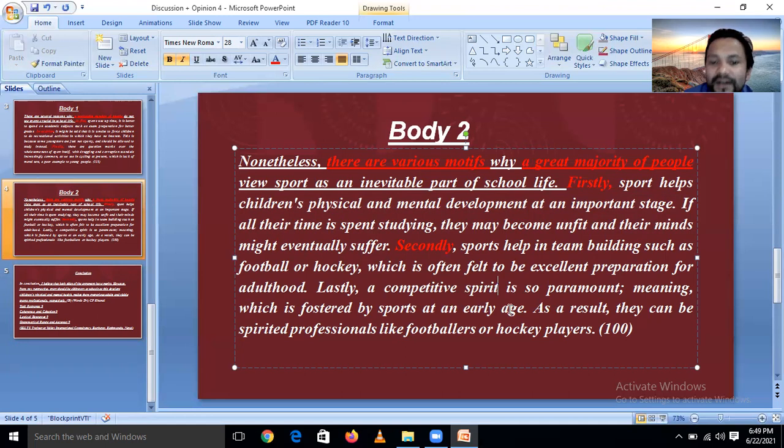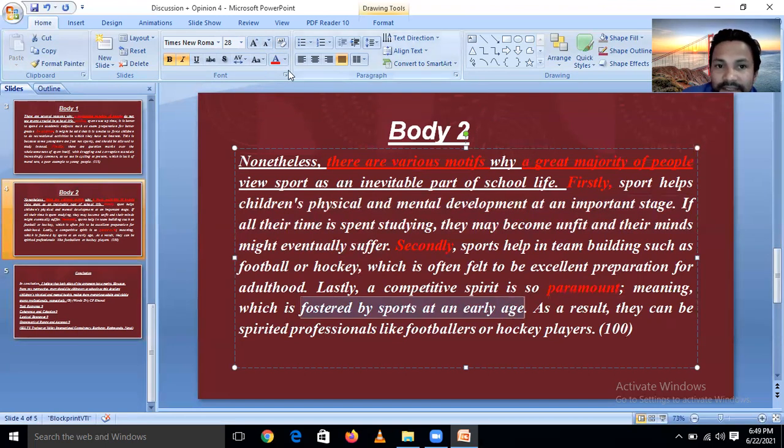Lastly, a competitive spirit is so paramount, means so important, so significant, so remarkable. This is the spirit which is fostered by sports, culminated by sports at an early age.